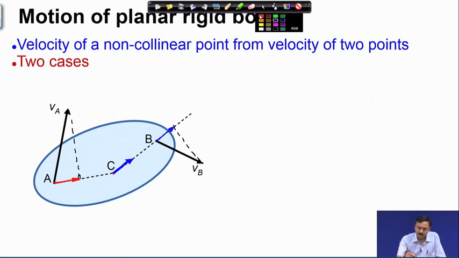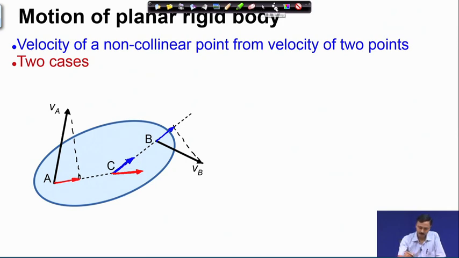Similarly, velocity of point C in the direction AC must be this red vector. So, I have these two projection vectors.